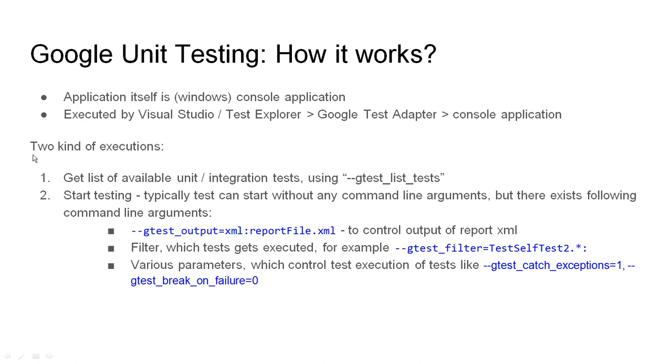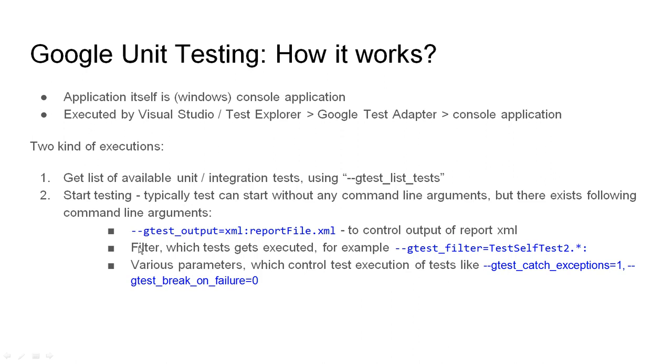And there are two kinds of execution scenarios. First of all, it gets a list of unit or integration tests, using the command line get test list tests. And whenever you start the testing itself or debugging, it launches the same application with different command line parameters.